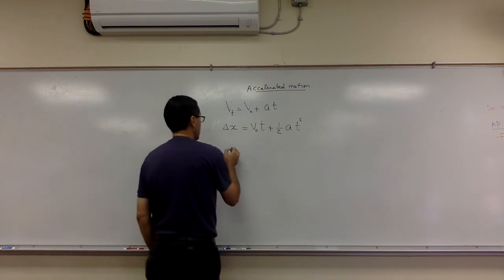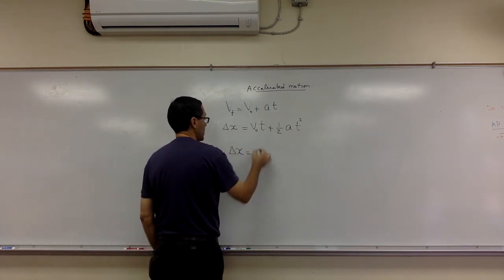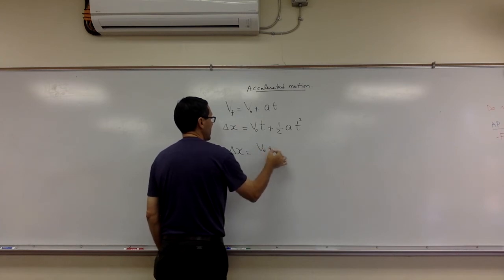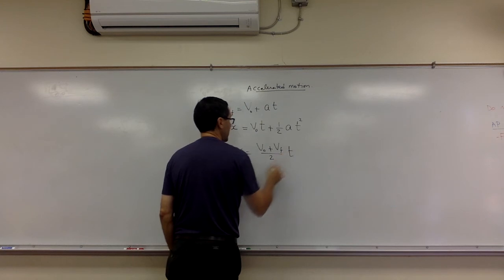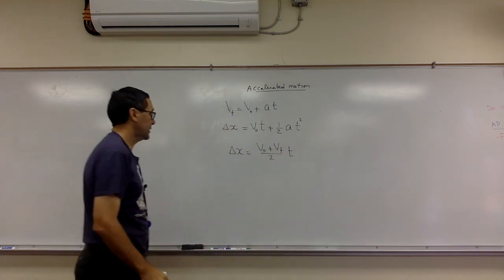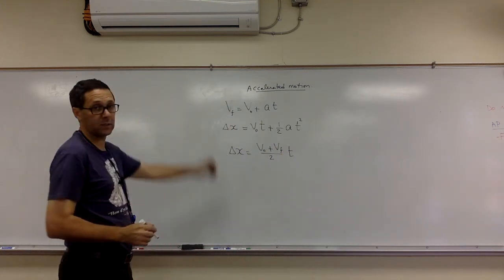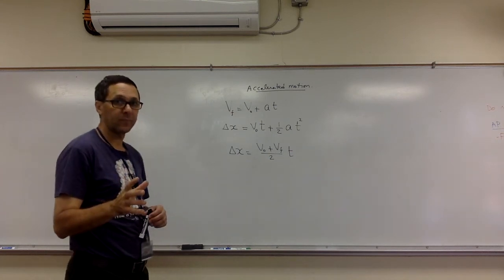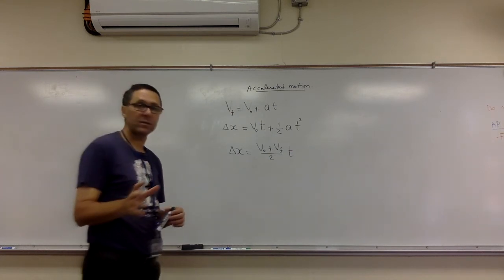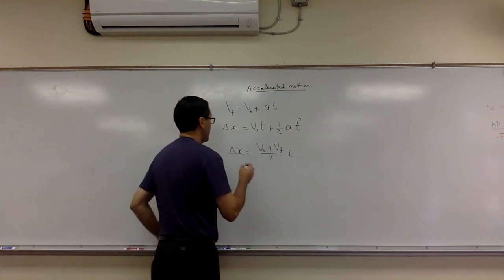The other one is delta x, which means displacement, is the initial velocity plus the final velocity over 2 times the time it took to go between these two velocities. Now, all these equations are only valid if your acceleration stays constant. And it will stay constant for this year.